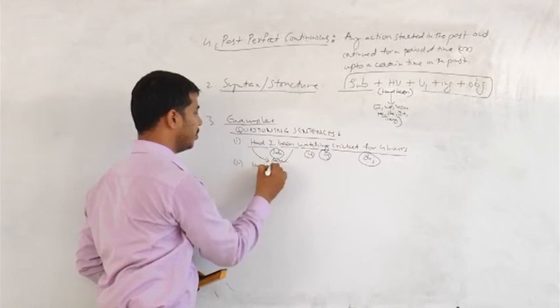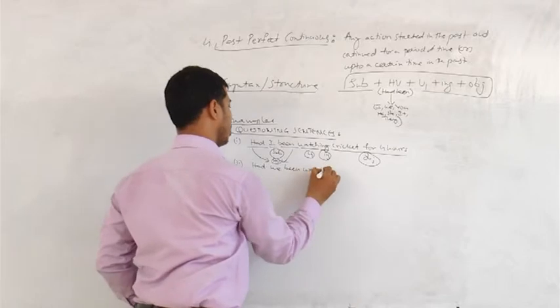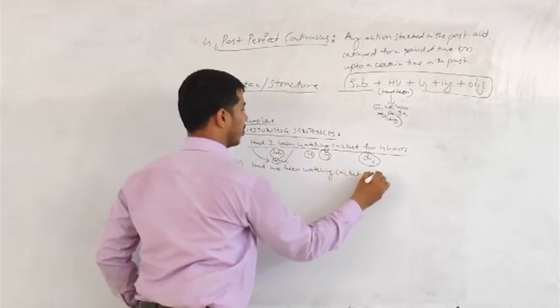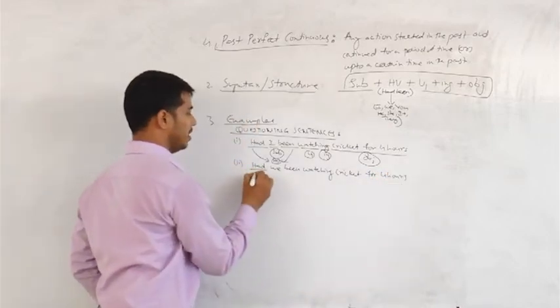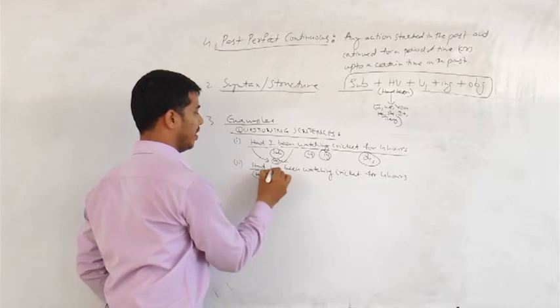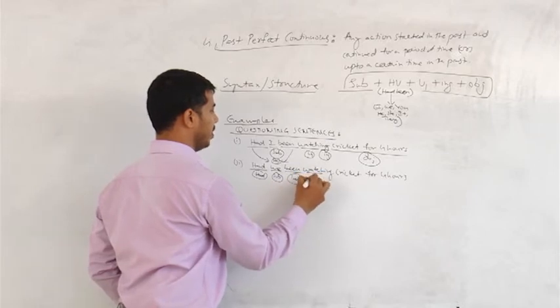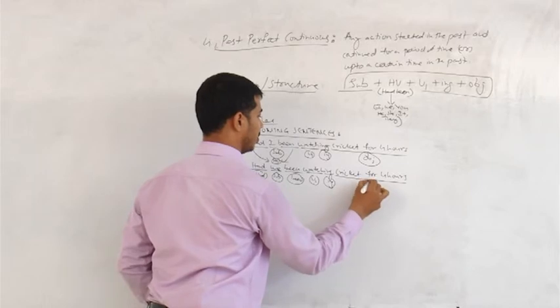Now let us take the personal pronoun we. Had we been watching cricket for 4 hours? What is we? Subject. Been is been, watch is V1, and cricket for 4 hours is the object.